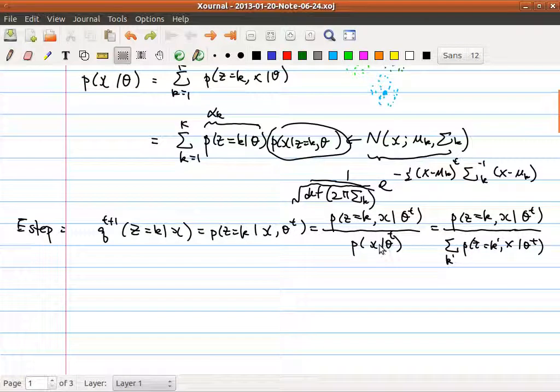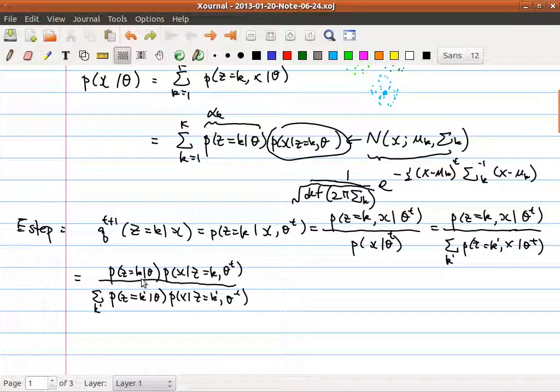It can be thought of as a marginalization of this joint probability. You can see this expression is the same as the numerator, and this joint probability can be expanded using Bayes rule again as p(z equal to k given theta) times p(x given z and theta), and note that this is nothing but this term here.